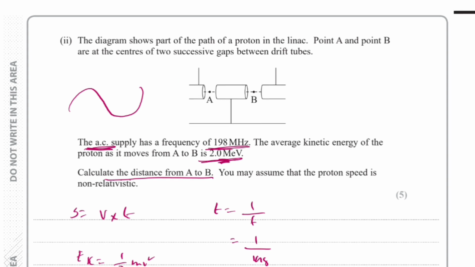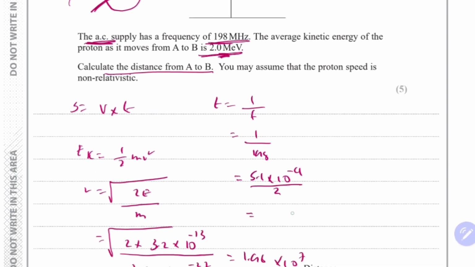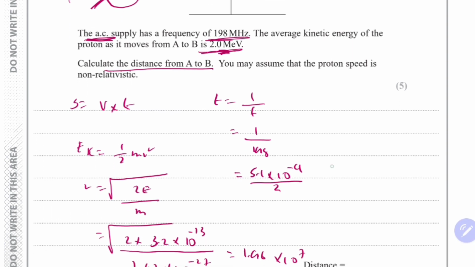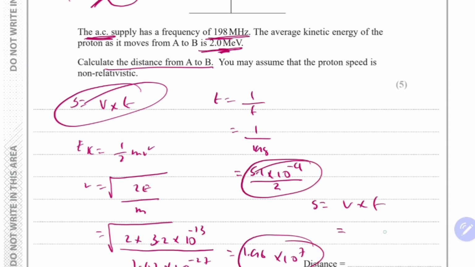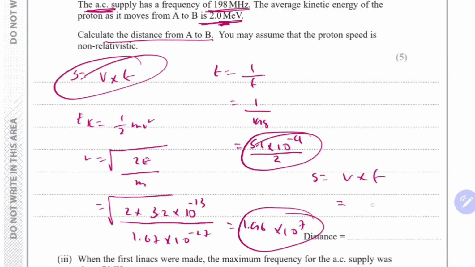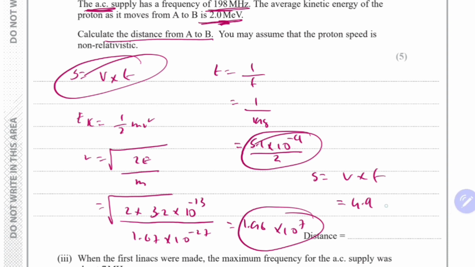We don't need the full of it, we need half, so we're going to divide it by 2. Now we're going to use s equals v times t. Our v is this and our t is this. The answer we get is 4.9 centimeters.